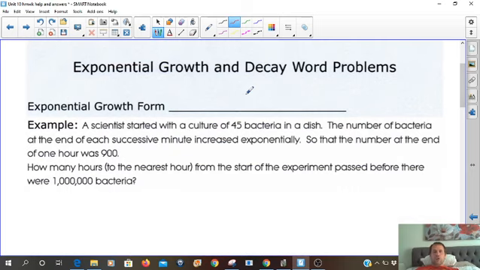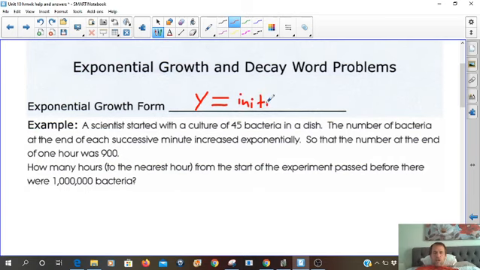Okay, so exponential growth and decay word problems. So the exponential growth forms. This is the fourth form you kind of want to memorize, and how it just works for all of these problems, right? And so you have your initial, whatever they give you.